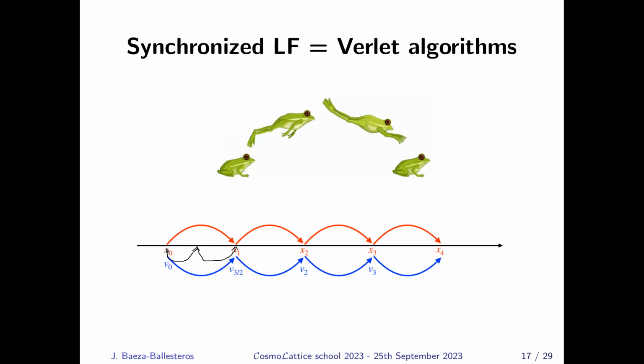And the way in which you do this is you evolve one of the quantities by half time step. You use the results at the semi-integer time to evolve for a full step the other quantity, and then you evolve by half time step again the first quantity. So after the iteration, everything is again defined at integer time steps.